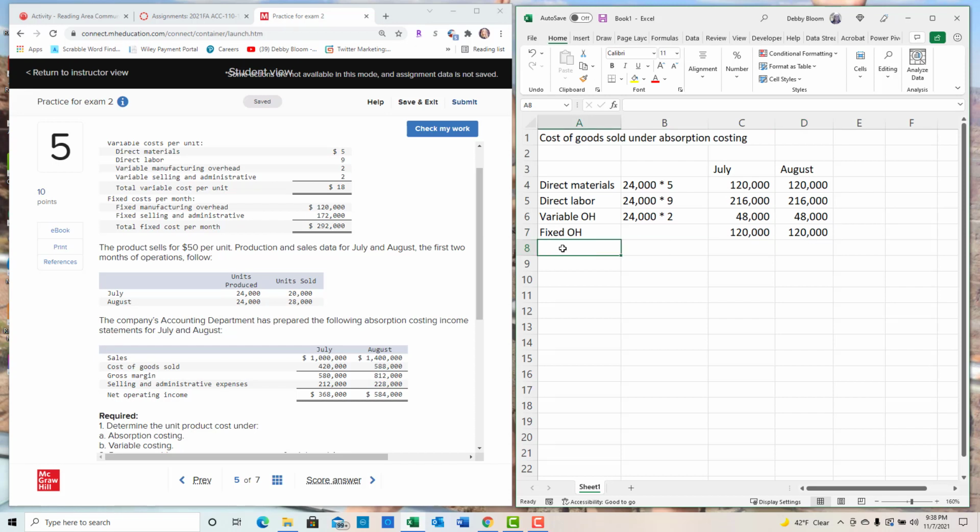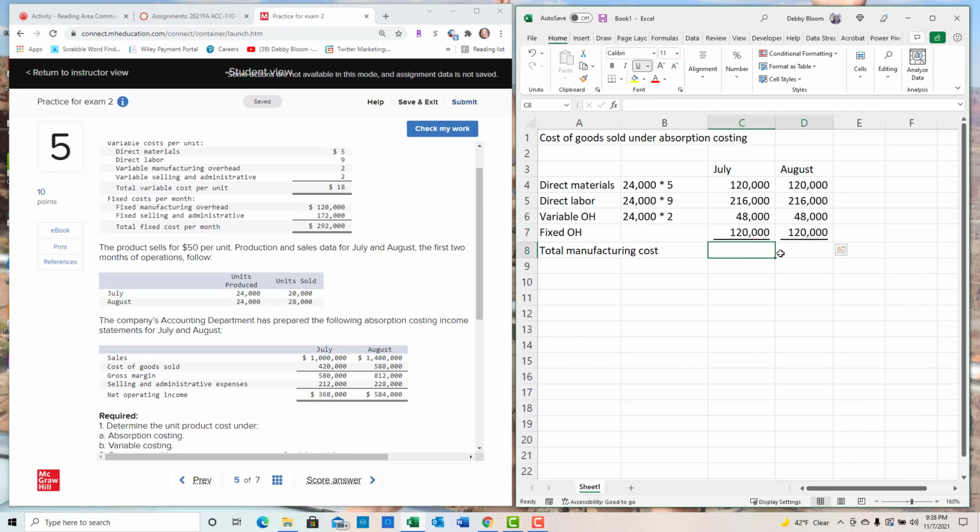So now what we're going to do is add the total manufacturing costs for both July and August, which is going to be exactly the same. So we have $504,000. Then we're going to divide it by the number of units produced, which in both cases is 24,000 for both months.